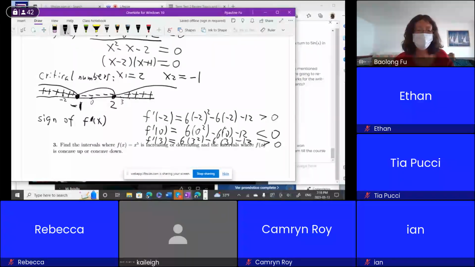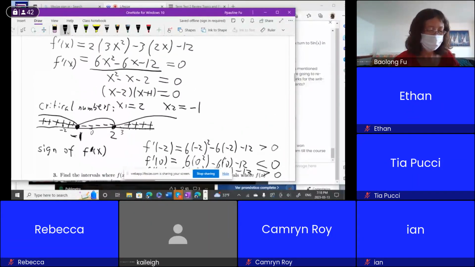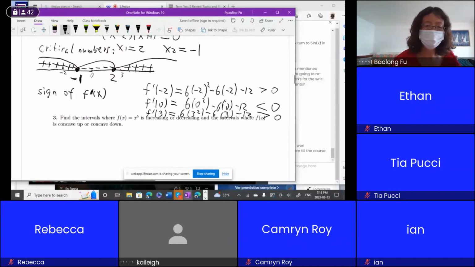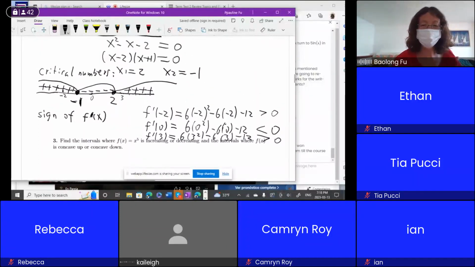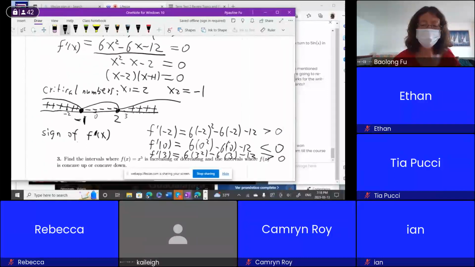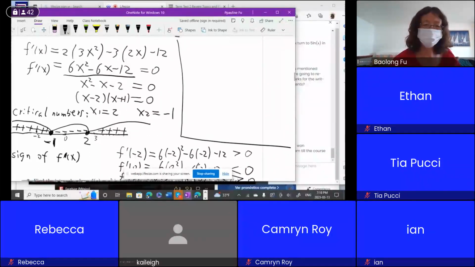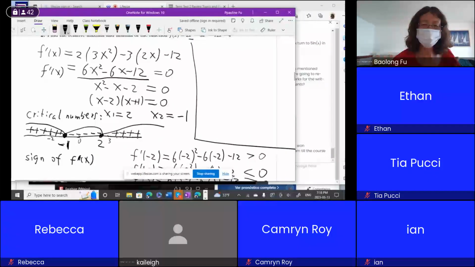Okay, so after that, if the derivative changes from positive to negative, function f has a relative maximum. I will continue here, where there is room.